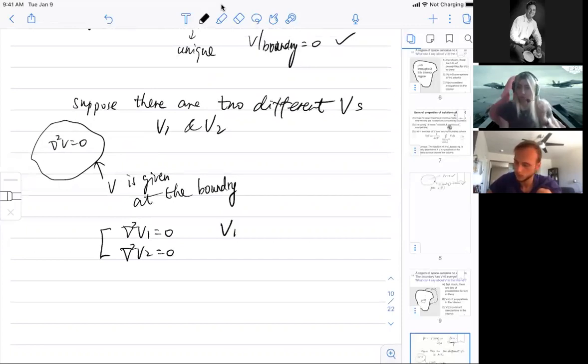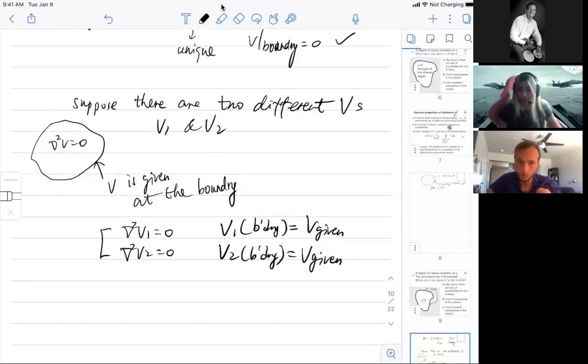V1 at your boundary is this V given. V2 at your boundary is also going to give you the value of your V given. So what I'm trying to show is that V1 and V2 cannot possibly be two things. They must be equal. So, if they're not the same, let's define V1 minus V2. It's a new quantity.